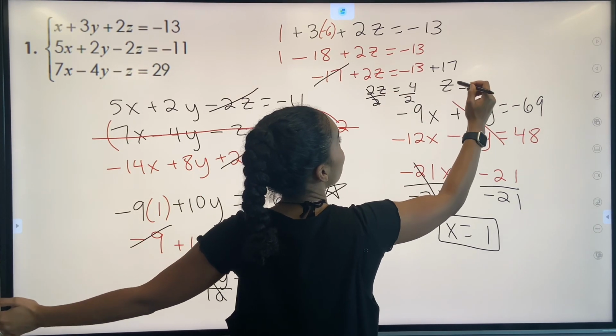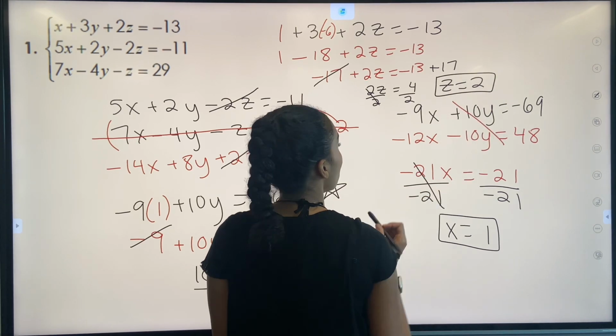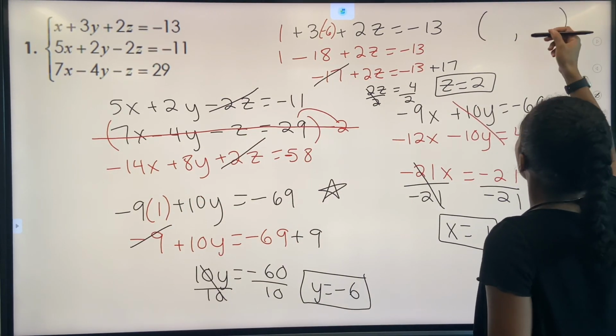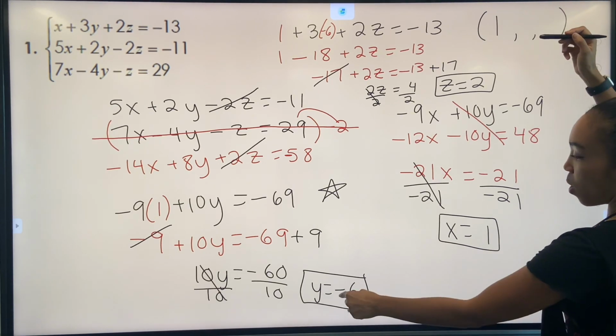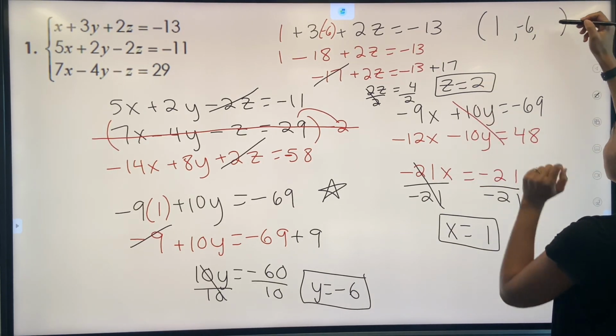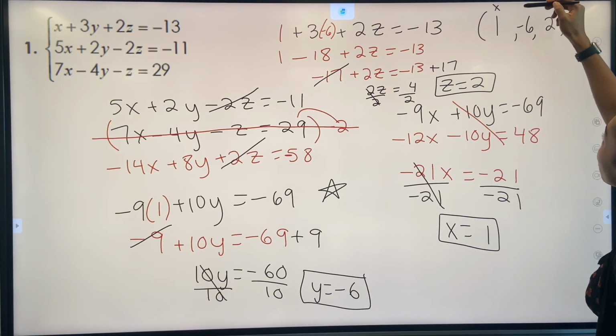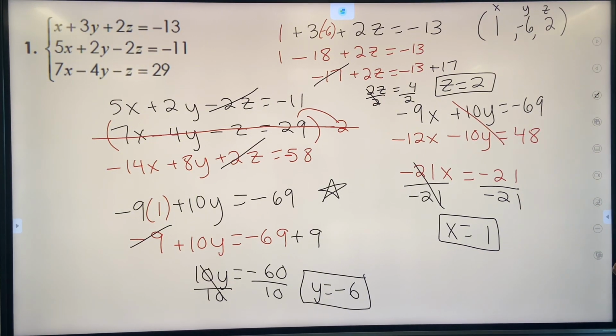So z is equal to 2. So that means the solution is x, y, z: 1, negative 6, 2. And make sure you put it in order. X, y, z. That is your solution to the system of 3 equations.